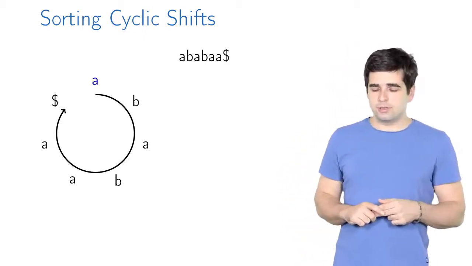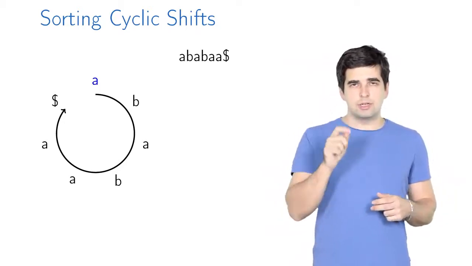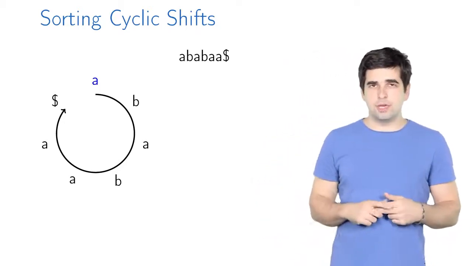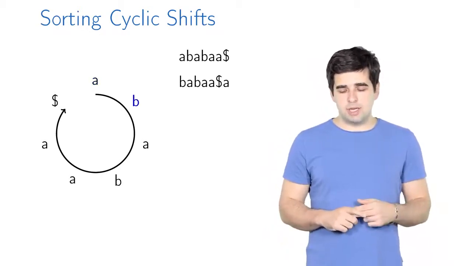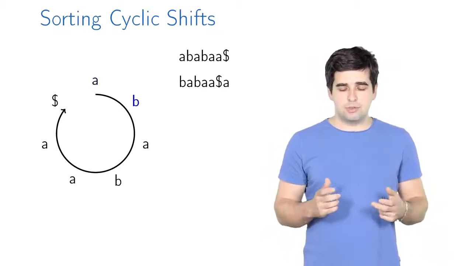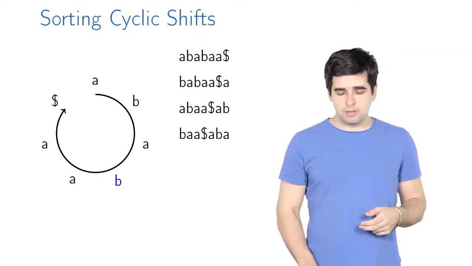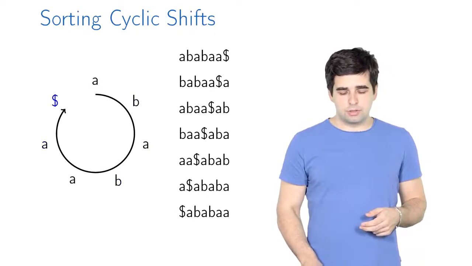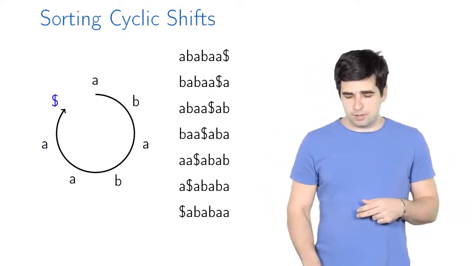So for the initial string ABABAA$, we can write down all those 7 characters around the circle, and then we will have the following cyclic shifts. The initial string, the string BABAA$A, which we get if we start from character B, and so on, moving around the circle. So these are the 7 cyclic shifts of the initial string.